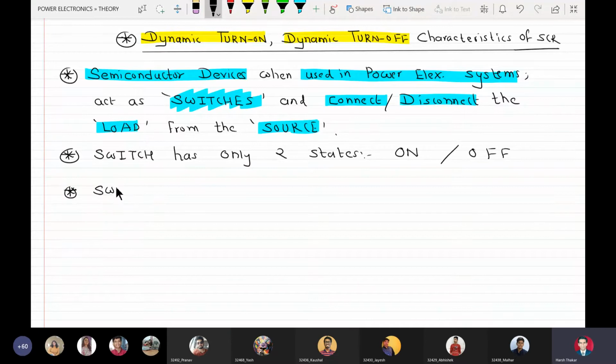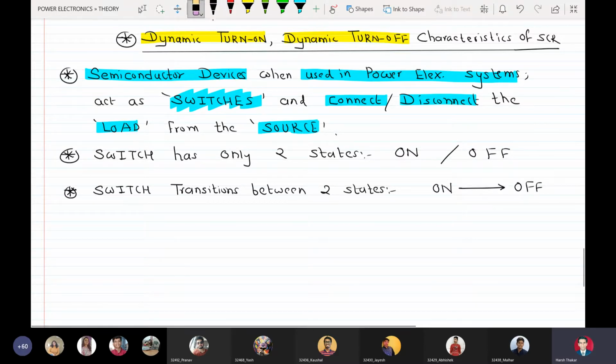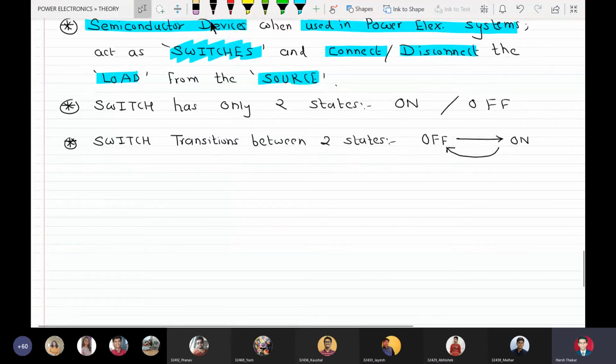That means a switch transitions between two states. Let us assume that first it is off. Transitions between two states, if it is off it goes to on state, if it is on it goes to off state. So the switch transitions between two states, on and off.